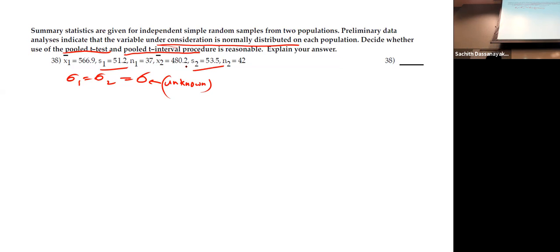It's a special case I didn't teach you. Maybe you don't need it, but remember that if your S1, S2 are very close, like 51.2 and 53.5, and the populations are normally distributed, then we can use this. Although they are a little different, we can still use this. That's something I need to let you know, that sometimes we use this.